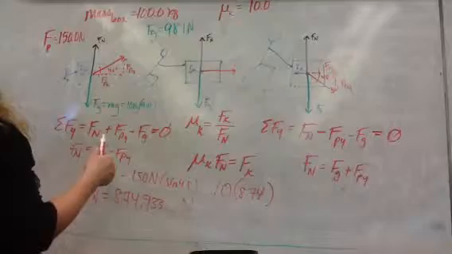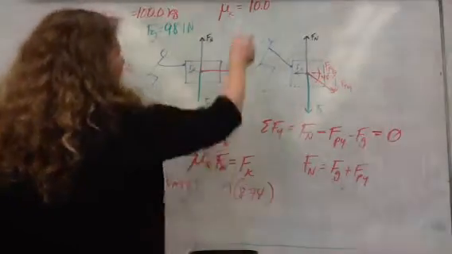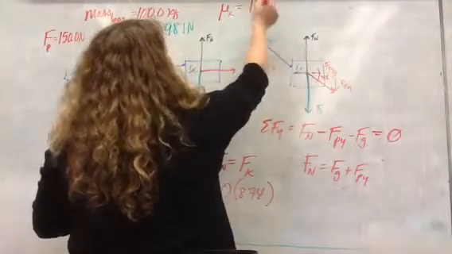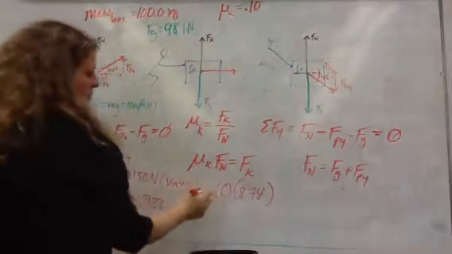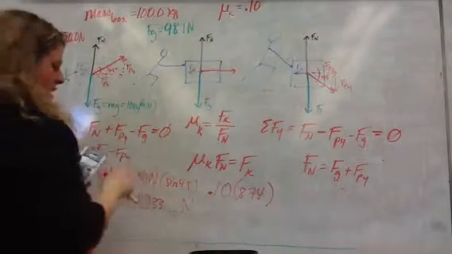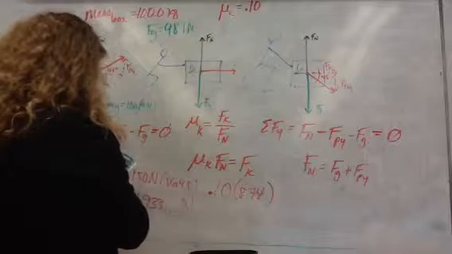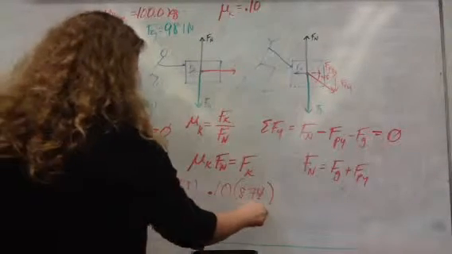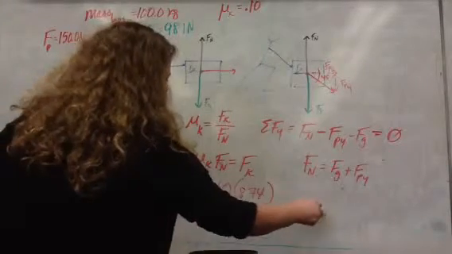What happens when I pull numbers out of thin air? Okay, here we go. The coefficient of friction is 0.10. So then our force of kinetic friction is going to be 87.49, etc. newtons.